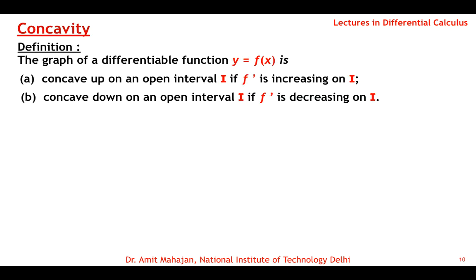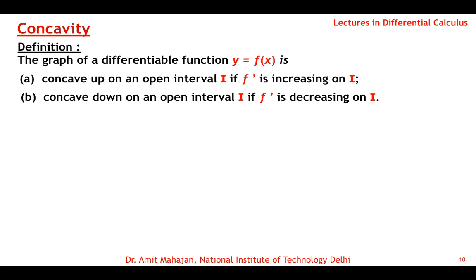So next is the concavity. That means how the graph of a differentiable function bends or turns. The second derivative tells us about this. The turning and bending behavior of the curve or graph defines the concavity.